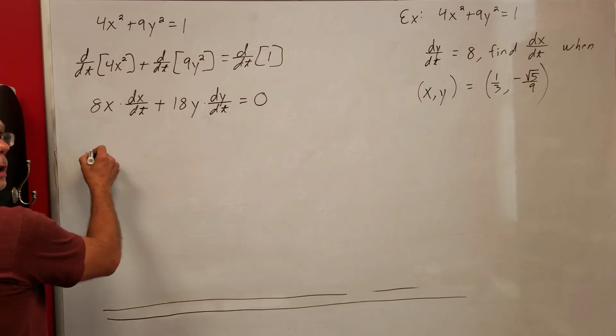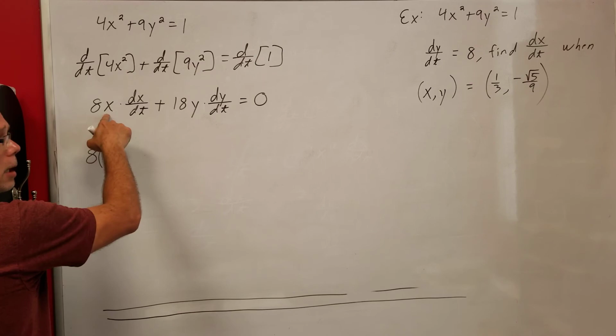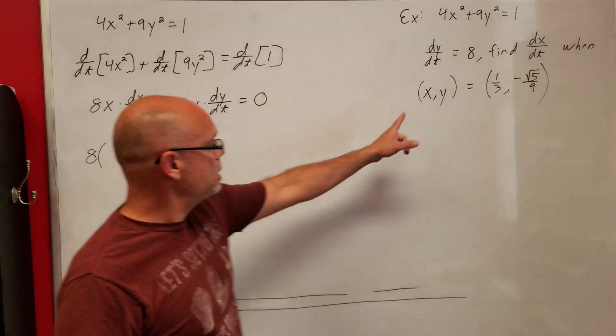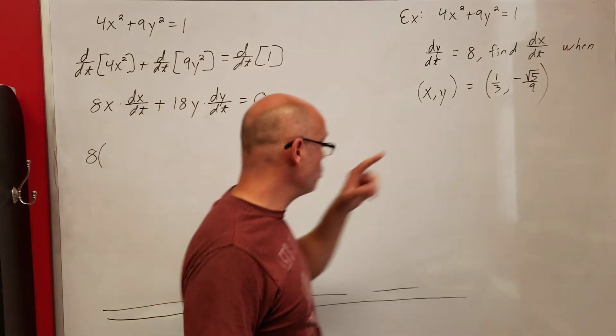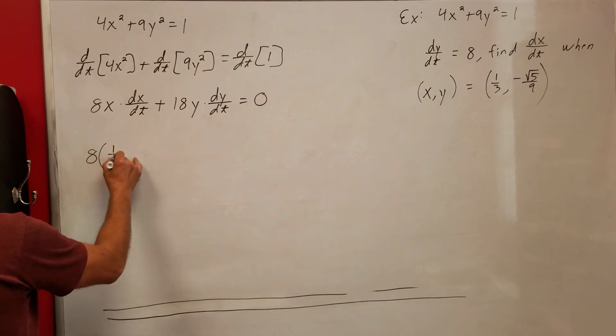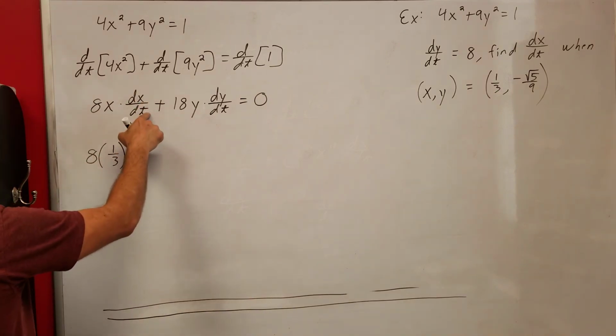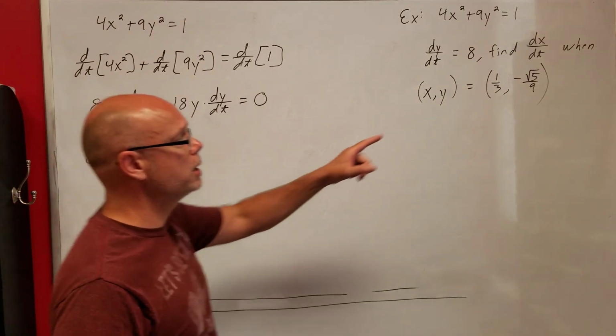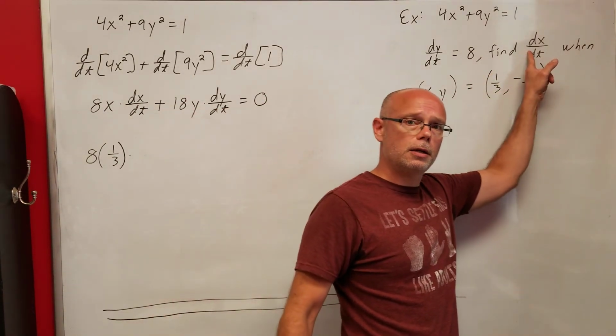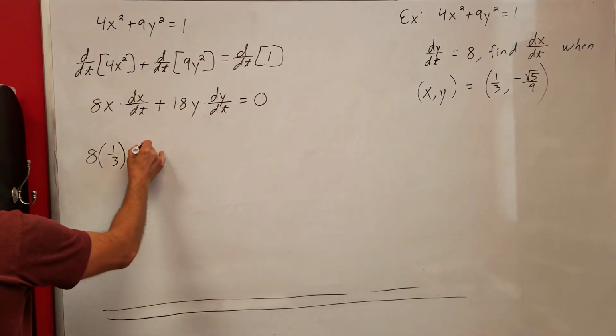All right, so let's fill in some stuff, okay? We have 8 times x, but what are they telling me x is in this case? It's 1/3 times dx over dt. Did they ever tell me what dx over dt is? No, that's unknown.